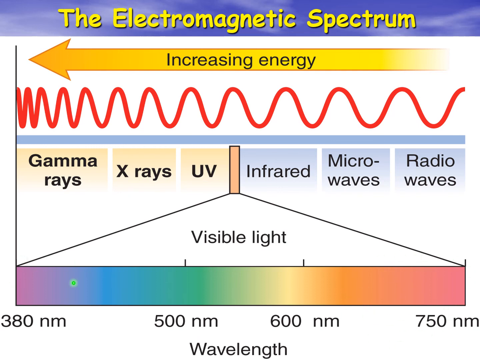The higher the energy, the greater the resolution power. So what do we want? We want more of the blue end of the spectrum because they're higher frequency waves than the red end. That's why when you just look in your microscope and nothing's on it and you just see the light, it kind of has a little bluish tint to it. That's because we're allowing more of the blue wavelengths to come through than the red.